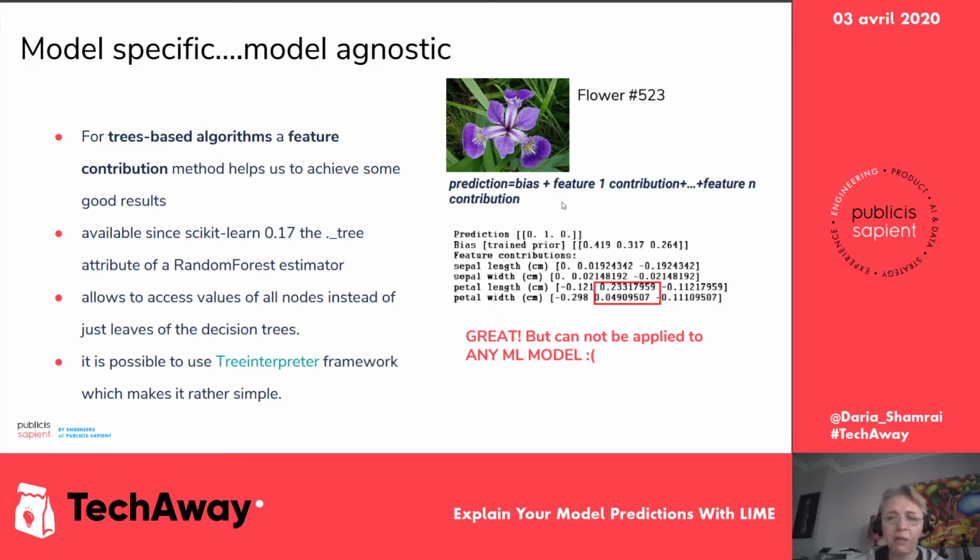If it gets more complicated, if we change our model because we are not satisfied with its performance and want to use something else, we lose this advantage of being able to explain the model prediction for a particular instance. That's why we want a tool that stays model agnostic. It will serve not only random forest, but everything we can potentially use to please our customers with the best possible performance ever.